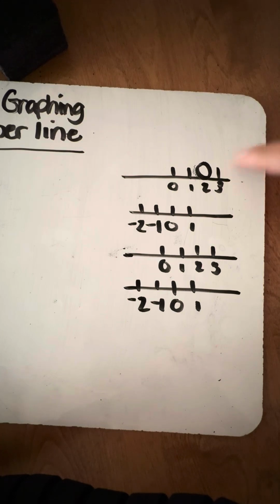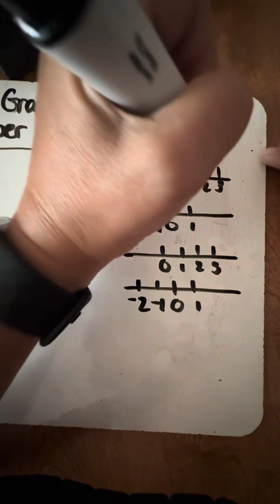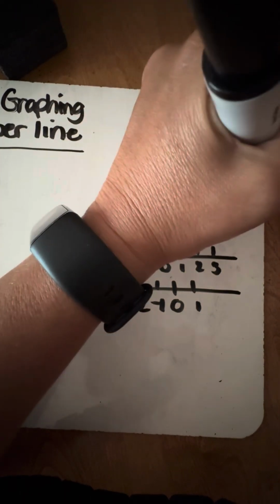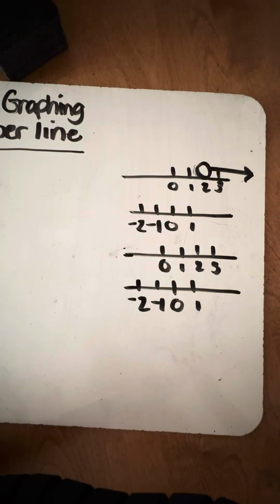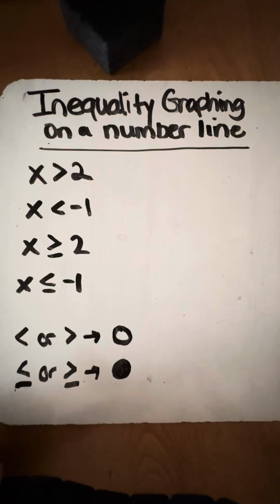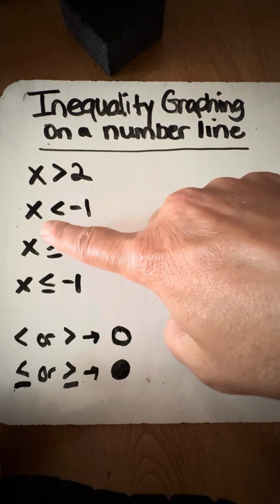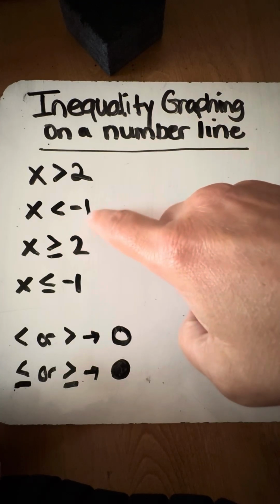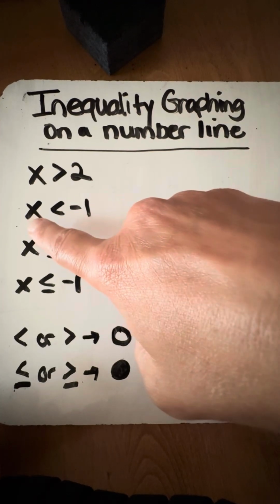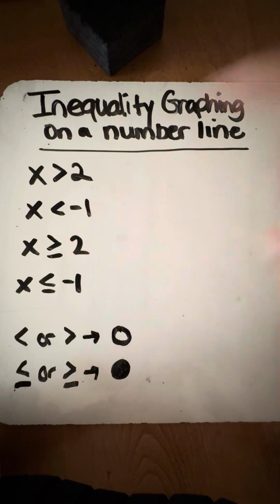So a number greater than 2 would be 3. Or 4 or 5, so your arrow would be pointing in this direction. What this just means is that multiple answers are possible for these. Now, if we look at the next one, it says x, and then this is pointing, like the point part is towards the x. So that means that the -1 is actually greater. So this is saying x is less than -1.